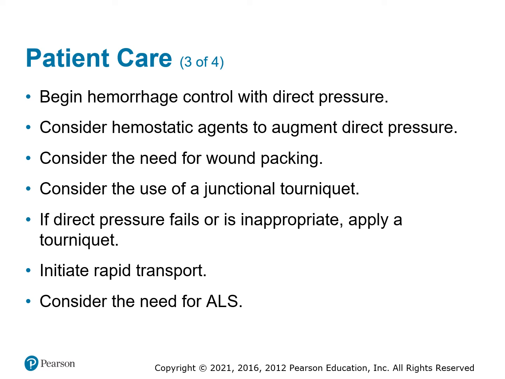If you still can't get anywhere with that, then you're going to consider the need to start packing that wound full of packing to help try to control it and basically pinch everything off from the inside. From there, you might have to start thinking about either that junctional tourniquet or a regular tourniquet, depending on where the injury is.